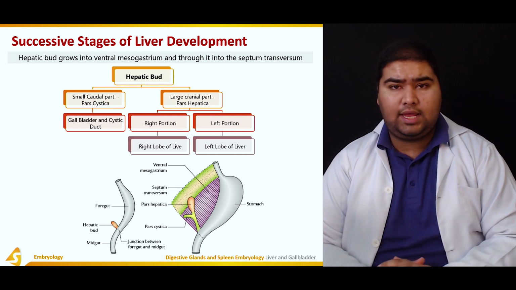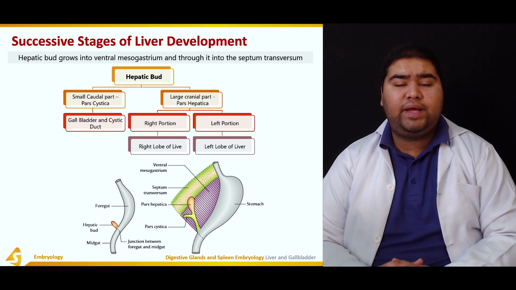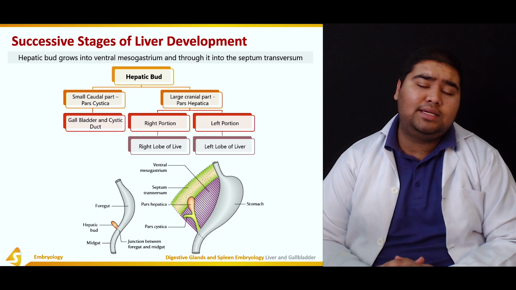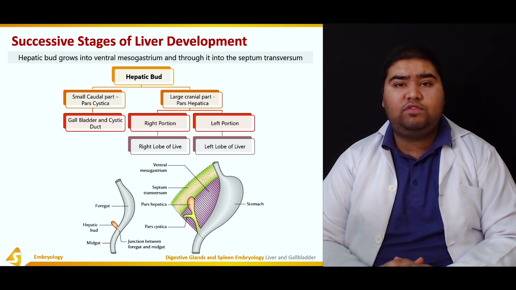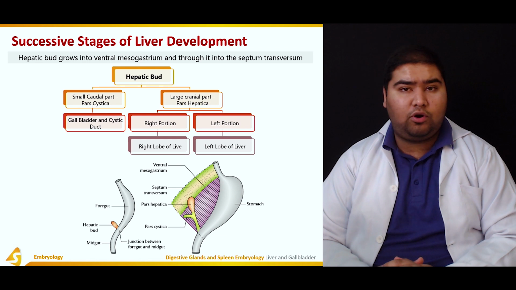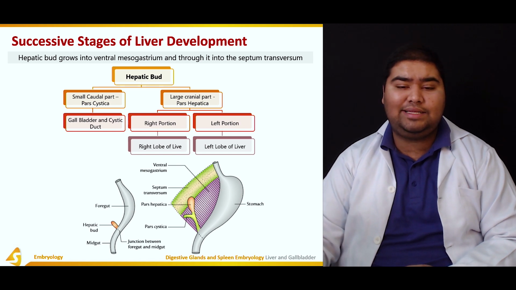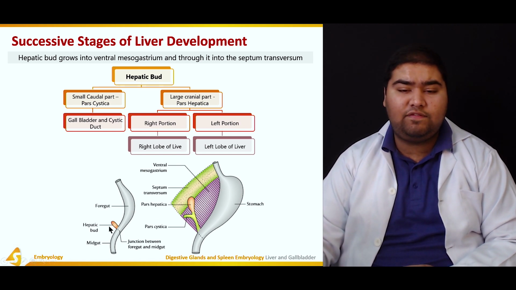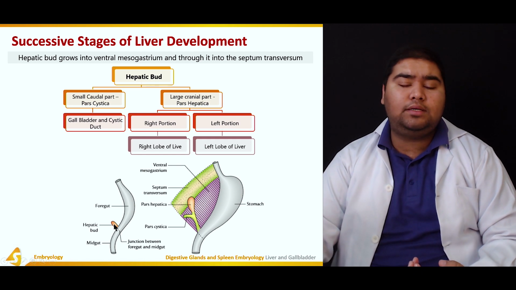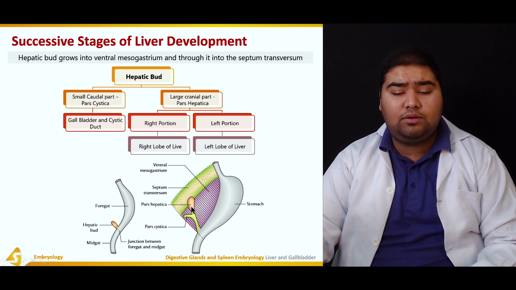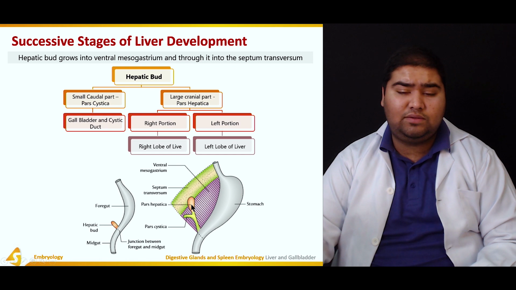The important thing is, from the ventral aspect of the junction between the foregut and the midgut, that is from the ventral aspect of the anterior intestinal portal, there is the formation of a small bud known as the hepatic bud, as can be seen in the figure. This hepatic bud grows into the ventral mesogastrium, and from the ventral mesogastrium it penetrates the septum transversum.